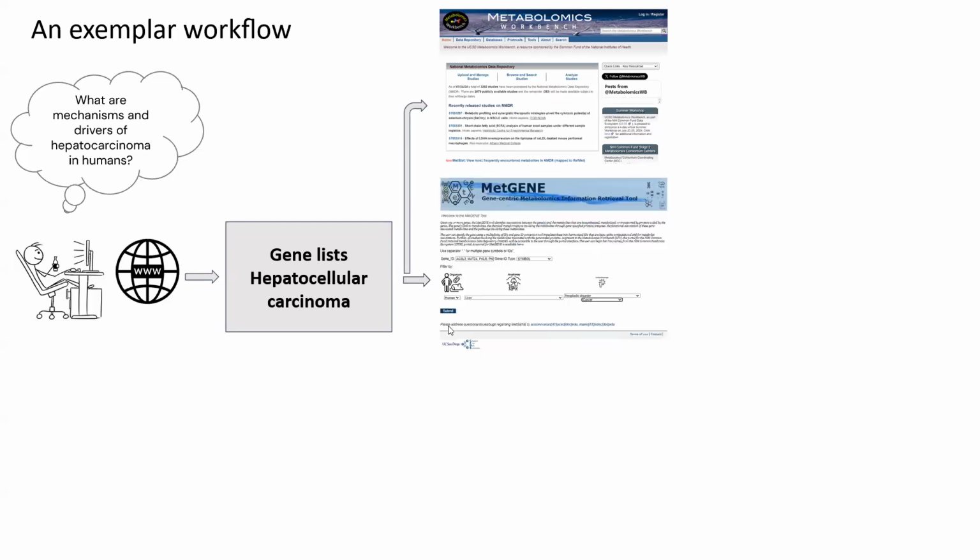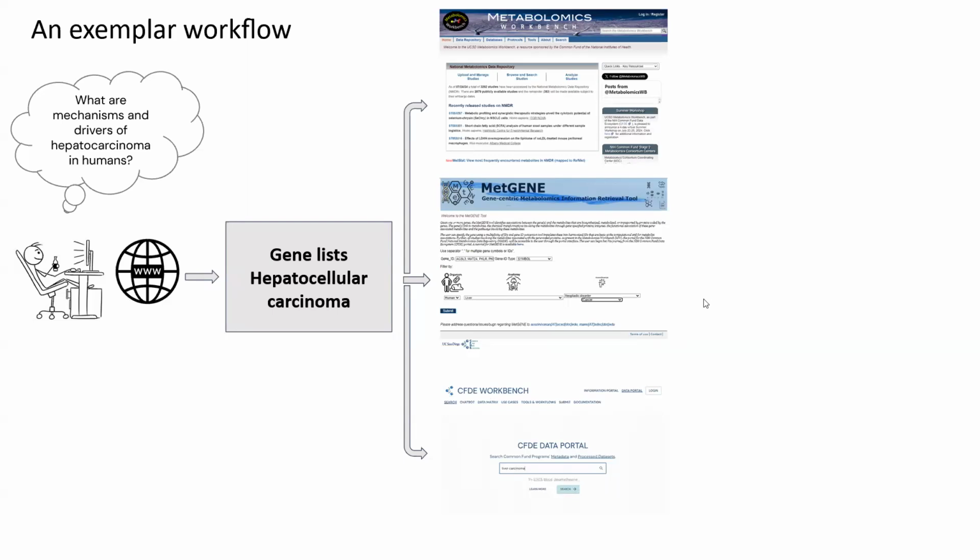Or if you have a list of genes to begin with, then you can go to MedGene and find what are the related reactions, metabolites, and studies in Metabolomics Workbench, which are relevant for those genes. And of course, at the CFDE portal, potentially, we can find information on the study on the disease of our interest from other resources, such as other data coordinating centers.